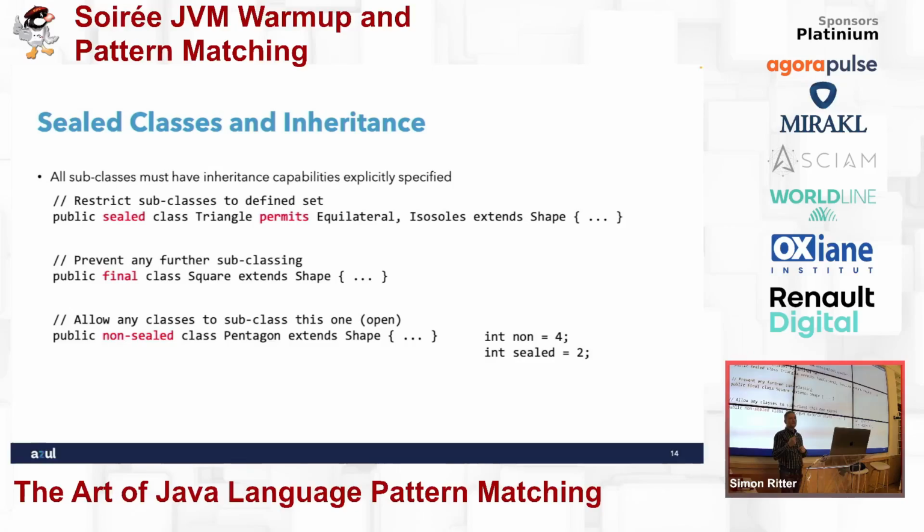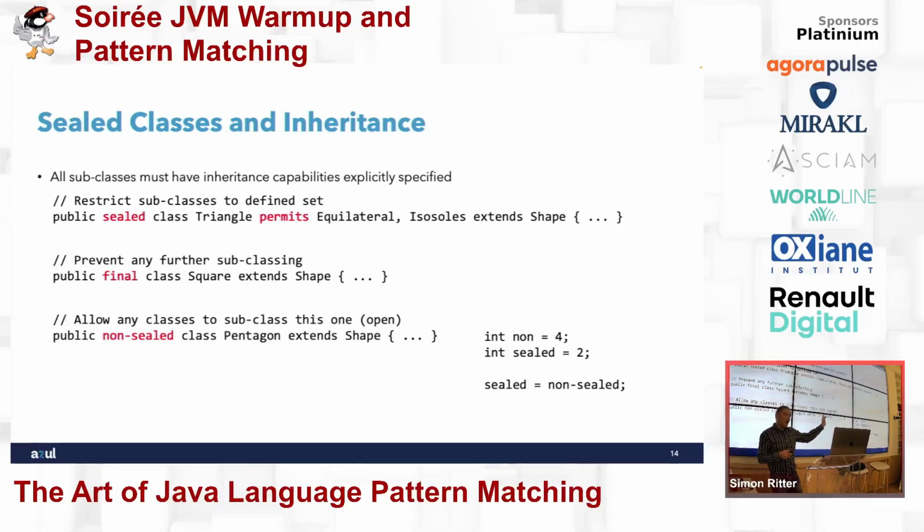I could say, let me create an integer value called non and an integer value called sealed. And then I could say sealed equals non-sealed. But of course, in this case, the hyphen there is not a hyphenated keyword, it's actually a minus operator. I'm subtracting sealed from non and assigning the value to sealed. I always like to see how far you can push the syntax in Java. That's a good example.